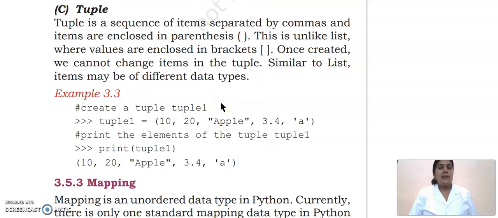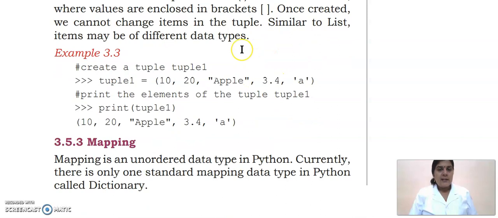Next is tuple. A tuple is also a sequence of items separated by commas, but they are enclosed in parentheses. Parenthesis means this type of bracket. So in a list we use square brackets, but in a tuple we use parentheses.